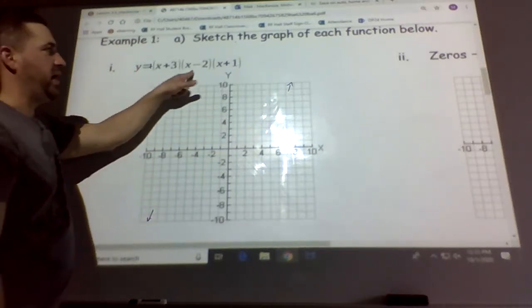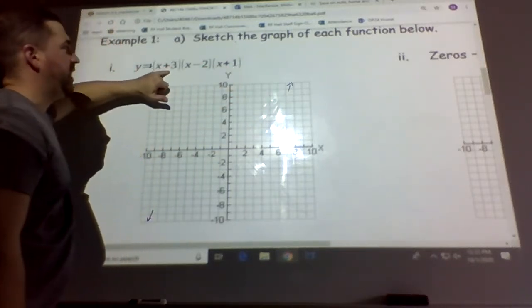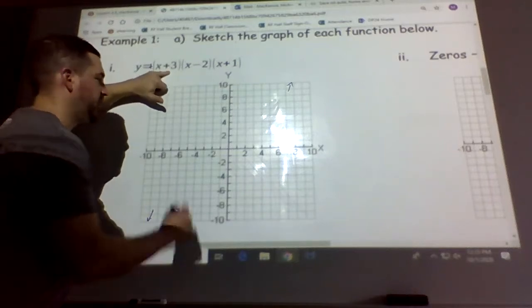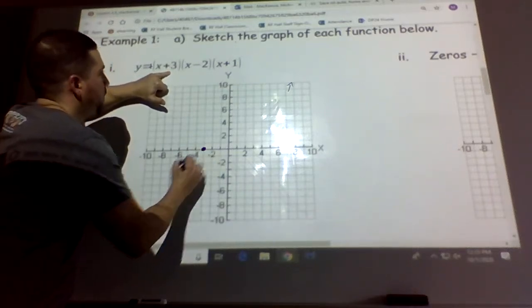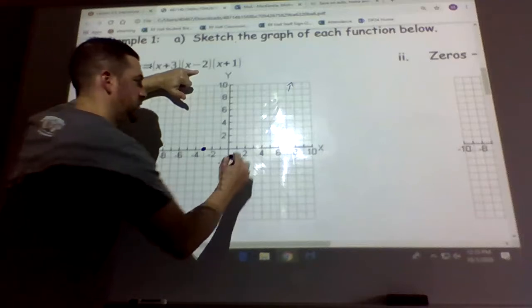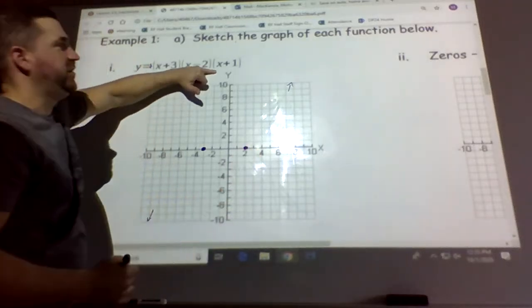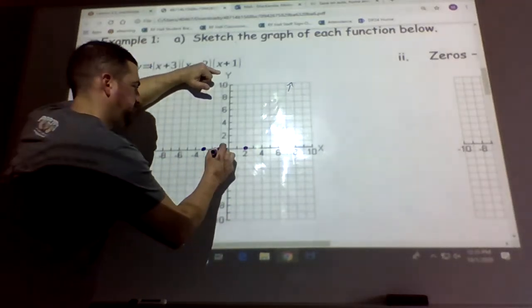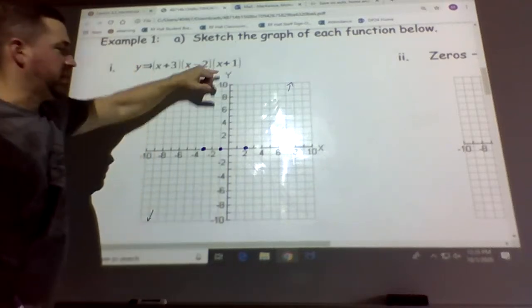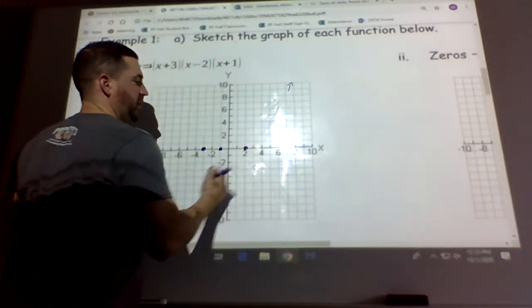Okay, so these are your x-intercepts here. We have an x-intercept at negative 3, an x-intercept at positive 2, and an x-intercept at negative 1. So we know the graph is going to go through these points here.